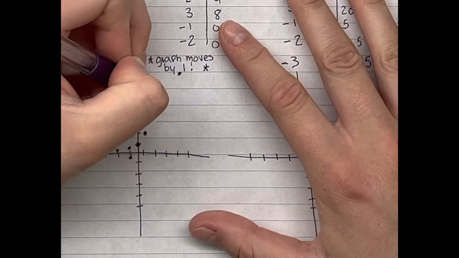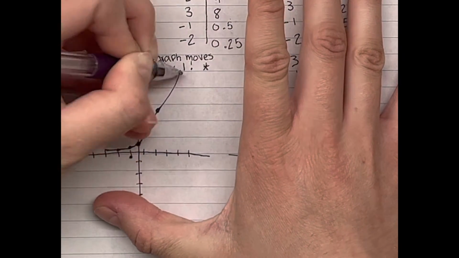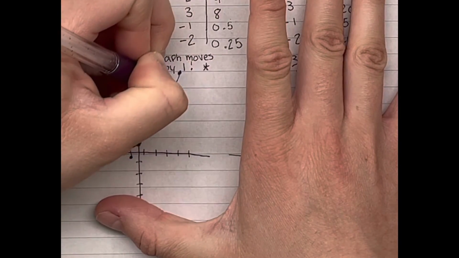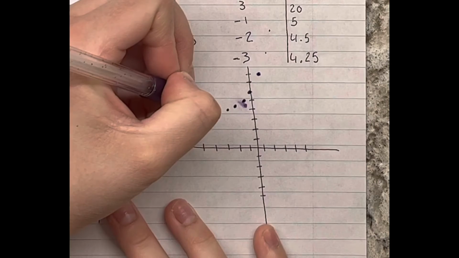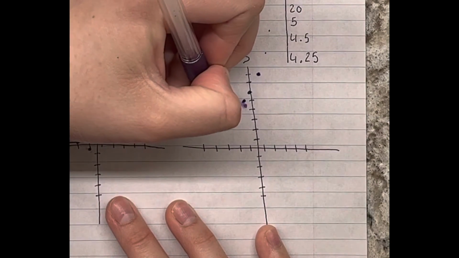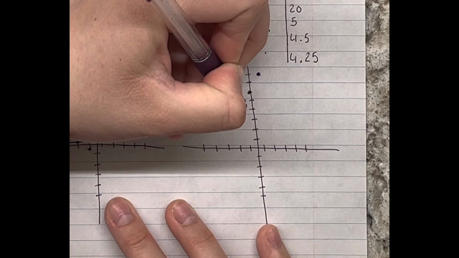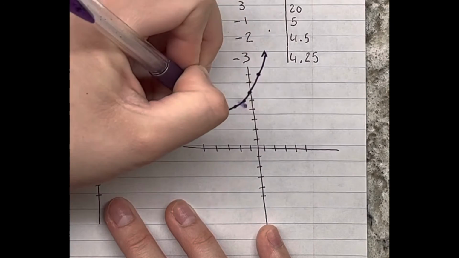We're just dotting out the points and then drawing the line. And we can see here that our horizontal asymptote is 0 because it approaches 0 but it never hits it. And plotting out our transformational graph, the asymptote would be 4 because it approaches but never hits it.